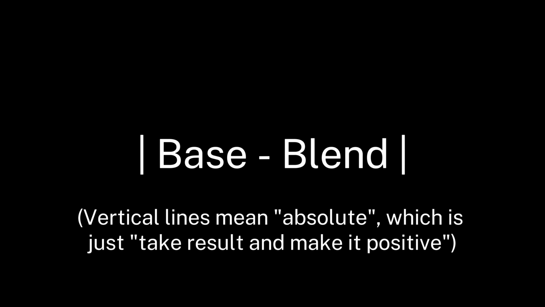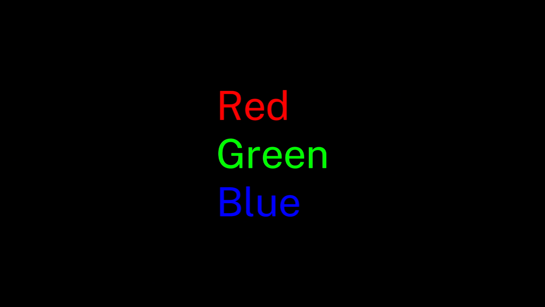Well, it takes the absolute difference between the base color and the blend color for each RGB color channel. And I'm sure you already know that any color can be broken down into a mix of red, green, and blue. And in web design, that scale goes from 0, as in no color or black, to 255, a fully saturated color.